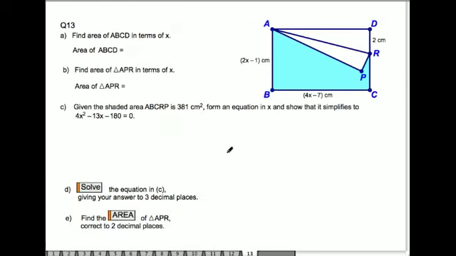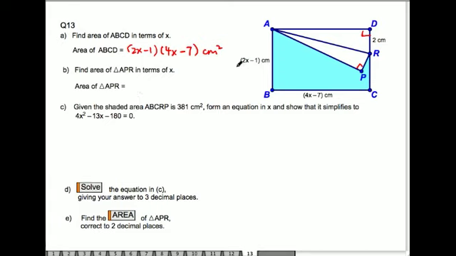In question 13, we are given a rectangle, and the rectangle is folded. Note that we have a right angle here. First, we need to find the area of the rectangle, which is just length times breadth, or 2x minus 1 times 4x minus 7 cm squared.